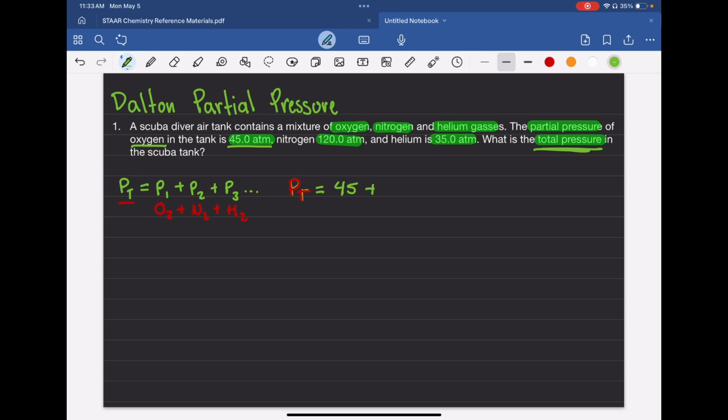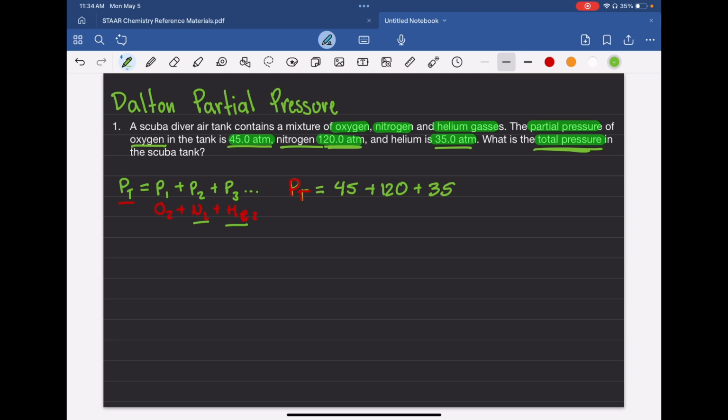These are the gases that we're looking at. Okay, our second gas is nitrogen. So I can see nitrogen has a pressure of 120 atm. And our third gas is helium. This is helium. So we are going to put this into our formula, 35.